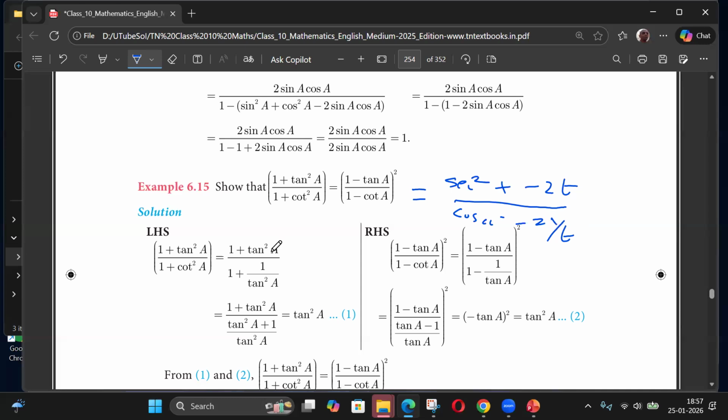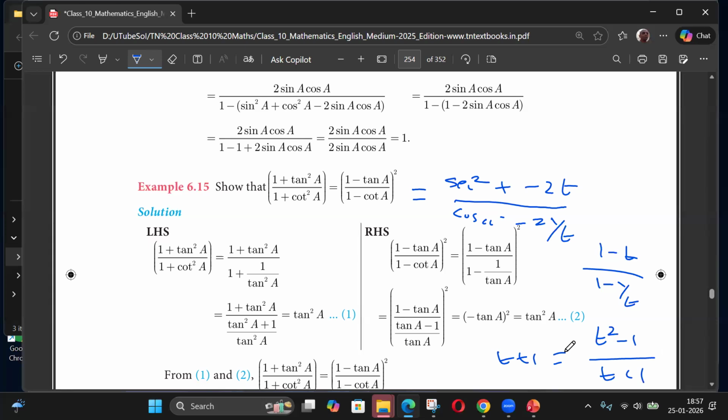Or I can do this. Cot I can write as 1 by tan. So it is 1 minus t divided by 1 minus 1 by t. So my numerator t with t square minus 1, t minus 1, which is t plus 1. I made some mistake.